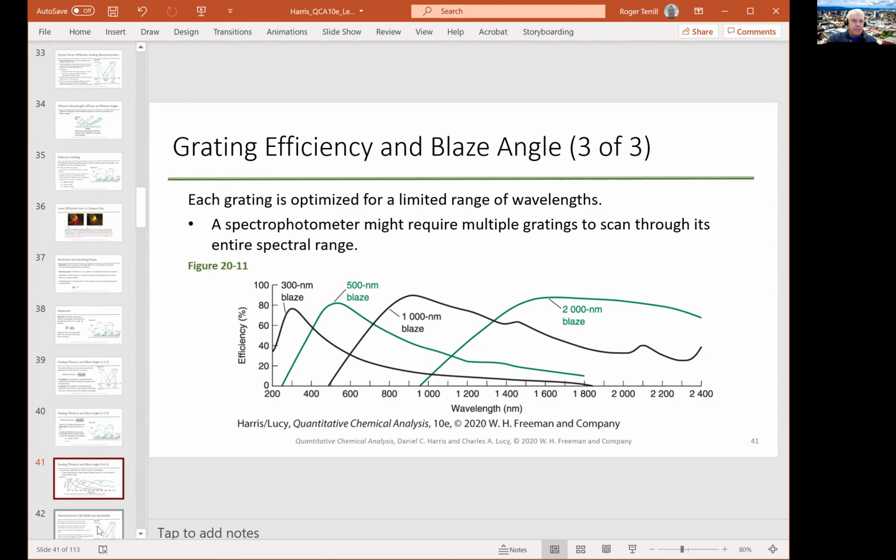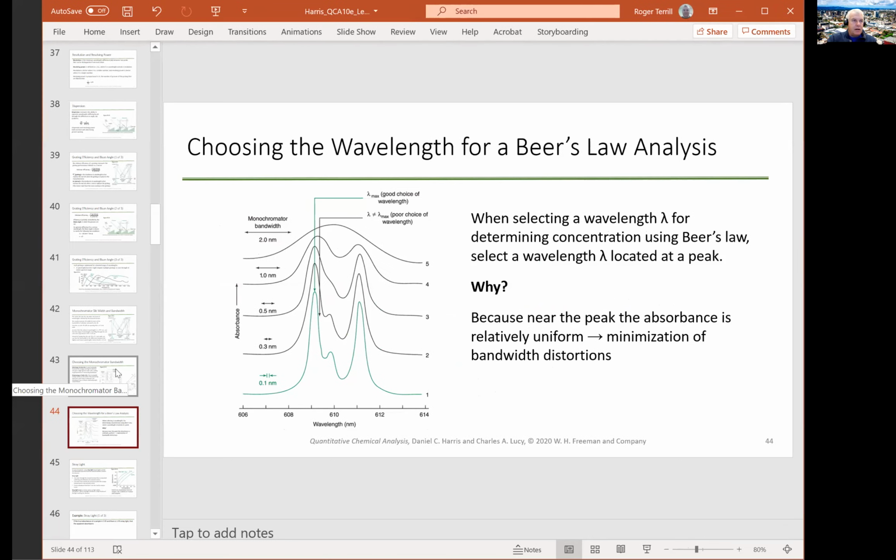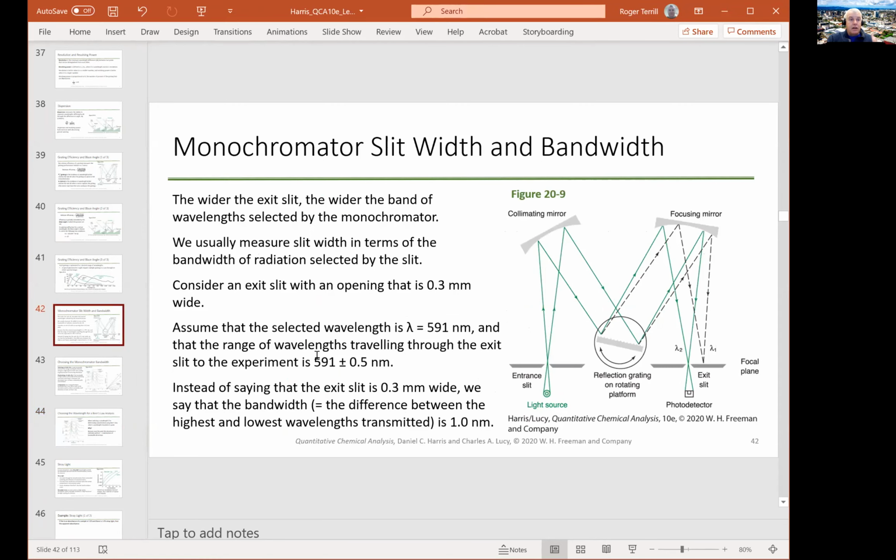When you talk about monochromator design, there's a way to calculate the range of wavelengths. It's actually the differential between wavelength and position along this focal plane. I'll give you the equation, though I'm not sure we're going to use it.